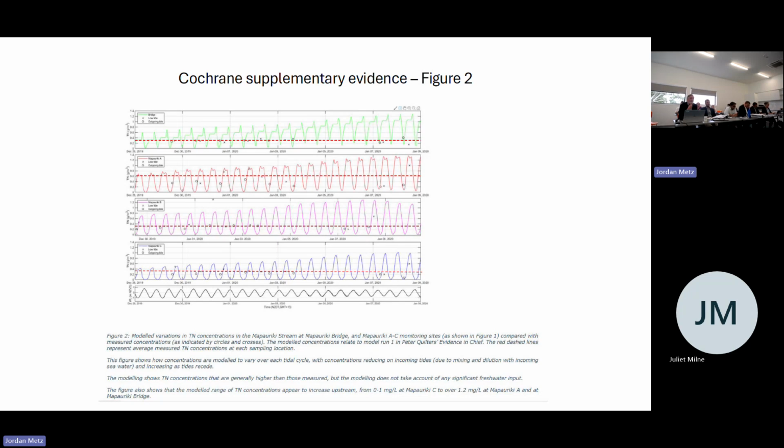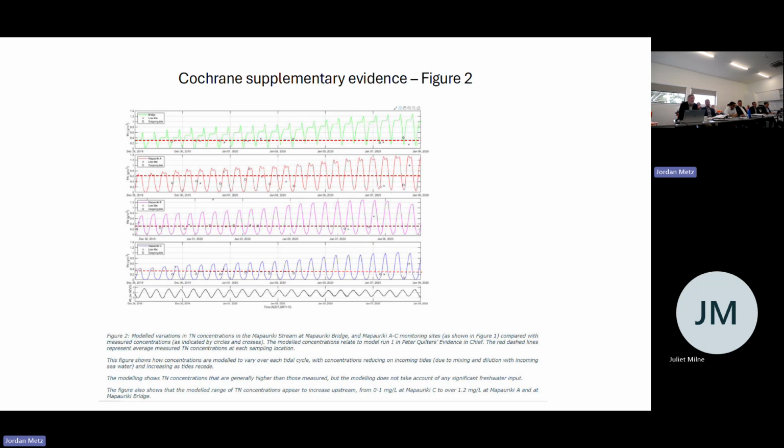Those are at the boat ramp, at the Matarangi bridge, the top one. And what you can see there is quite a significant change in modelled concentration as a result of the tide coming in and the tide going out.